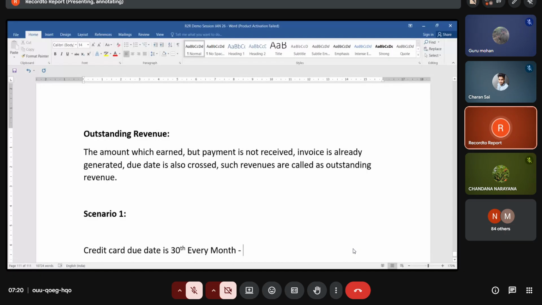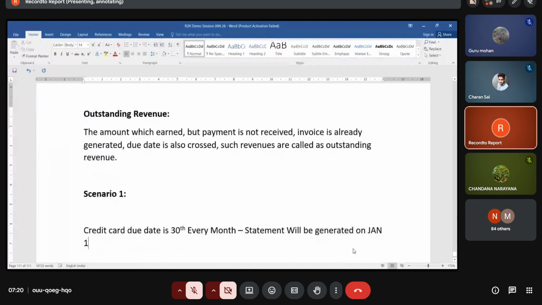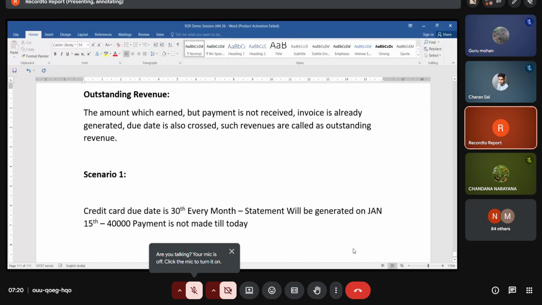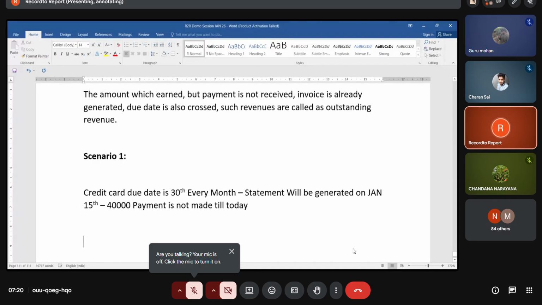So the statement will be generated 15 days before, on January 15th. The amount of 40,000 payment is not made till today. What is today's date? 23rd.